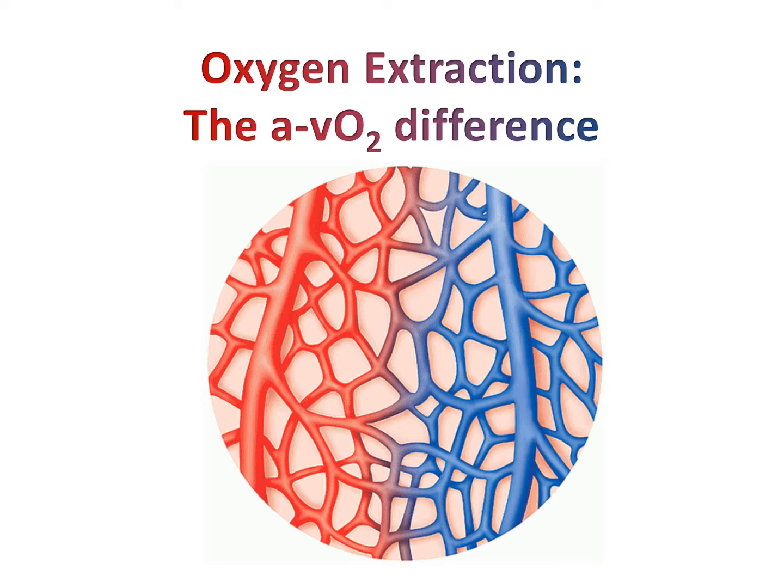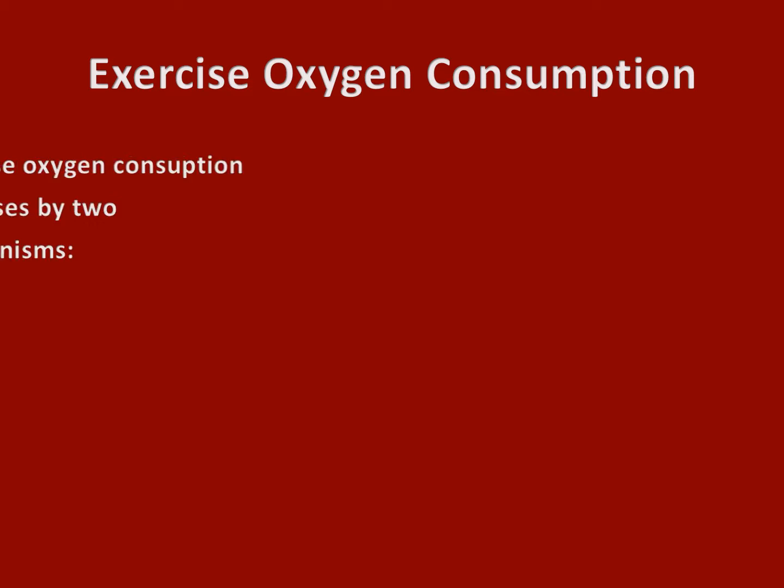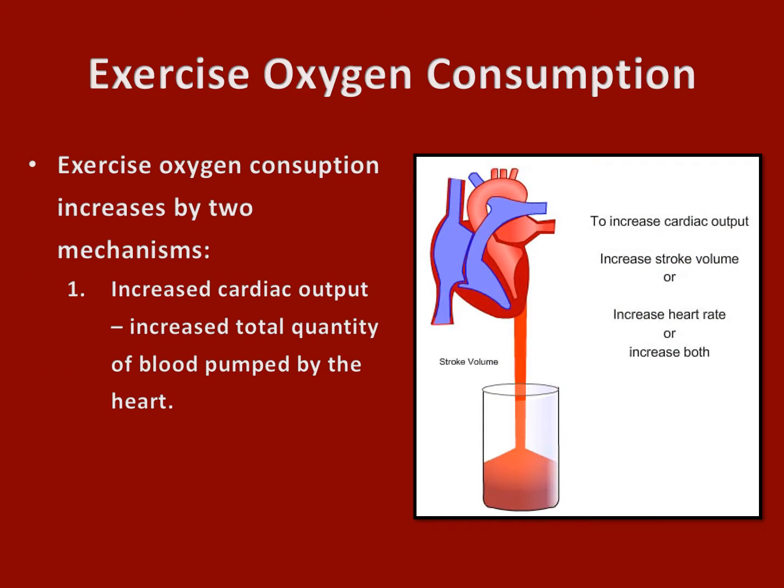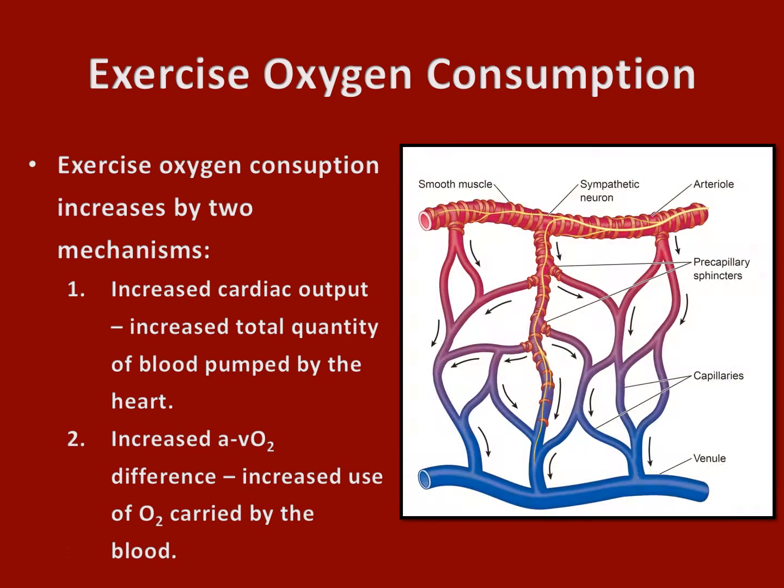Oxygen extraction, the arteriovenous oxygen difference. Exercise oxygen consumption is increased by 2 mechanisms: an increased cardiac output, an increased total quantity of blood pumped by the heart, and an increased arteriovenous oxygen difference, an increased use of oxygen carried by the blood.